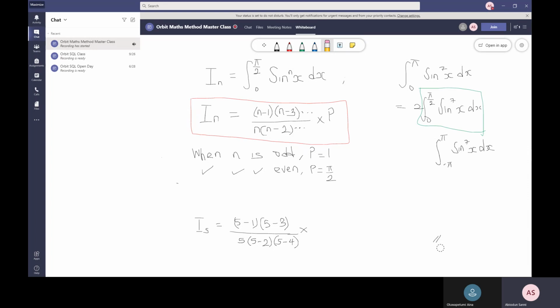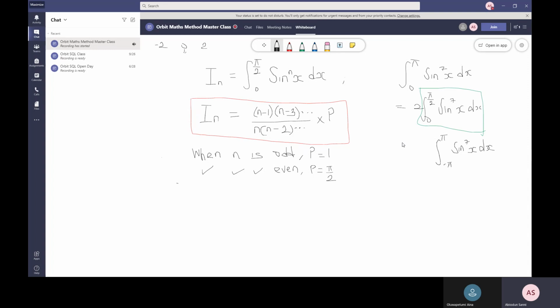If you have something like this, you are going to split this interval into 2. Now, if I go from, say, minus 2 to 2, for example, I will get to a point 0, right?